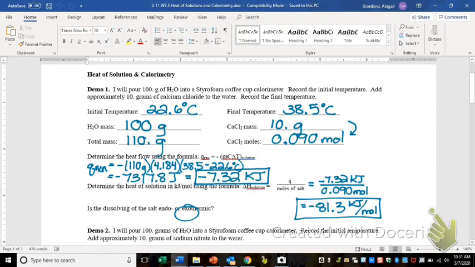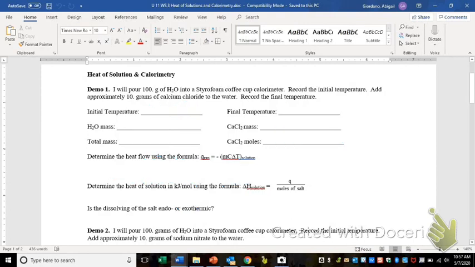Released and absorbed are opposite in sign. That's why that negative is in that formula. So the heat of the reaction is equal but opposite in sign to what's happening to the solution, or the water. Okay, so let me clear this out, and we're going to do a second demo.